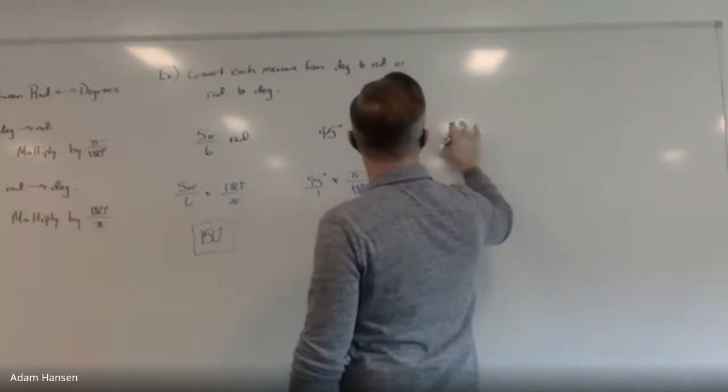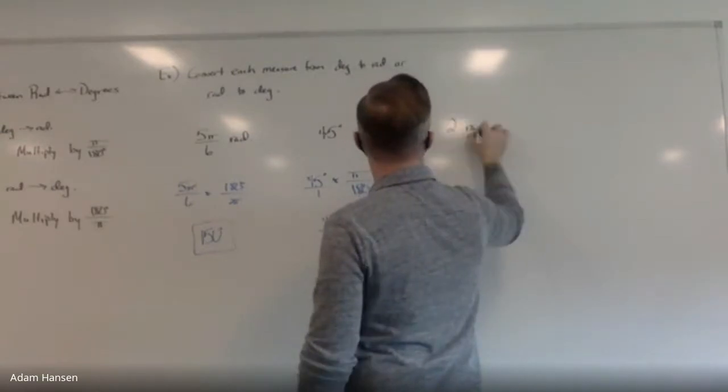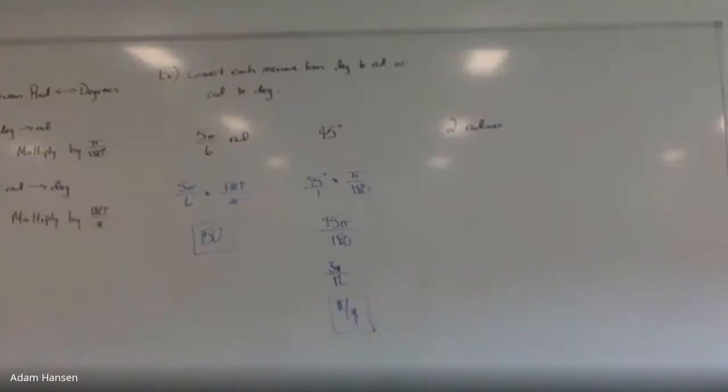Let's do what we have. It's about 2 radians. What is my angle measure given in by now? What's this measure? Radians. I want to convert it to degrees.